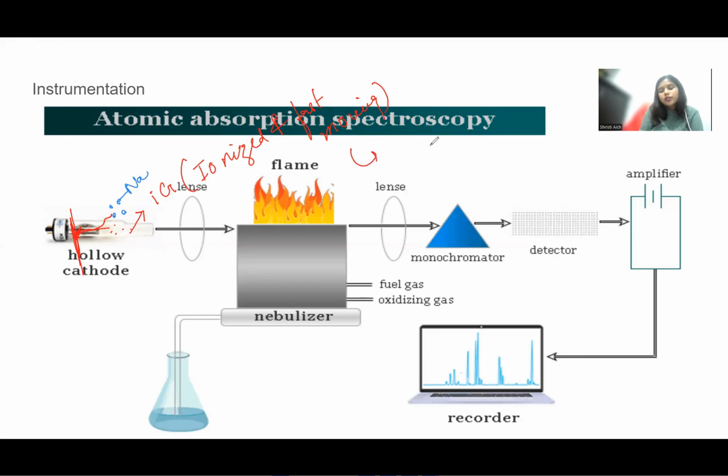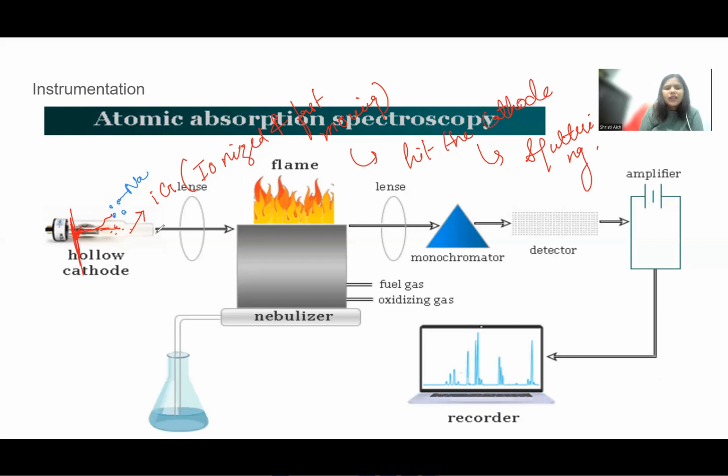Second step, it is going to hit the cathode. After hitting, there will be a certain kind of interaction, it will become excited, and these sodium atoms will get released. This releasing of particles of the cathode because of charged ionized gases is known as sputtering. So this method is known as sputtering.